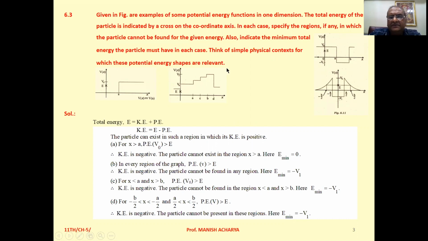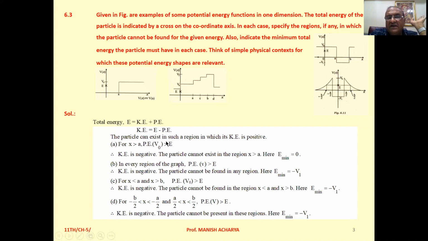Now see here, total energy, that is kinetic energy plus potential energy, that we know. So from this one we can write kinetic energy, that is E minus potential energy. Now kinetic energy, half mv square, should always be positive.